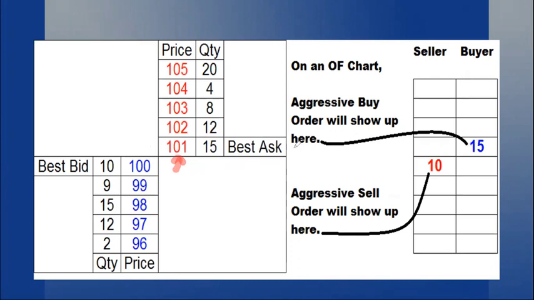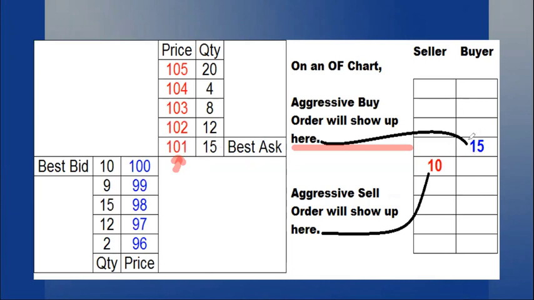On an order flow chart, that 15, once that order is executed, will show up on the buy side. And why is that? Because that was the aggressive buy order, right? The seller has put in a limit order at this level, the buyer came in and absorbed that 15, and it showed here.